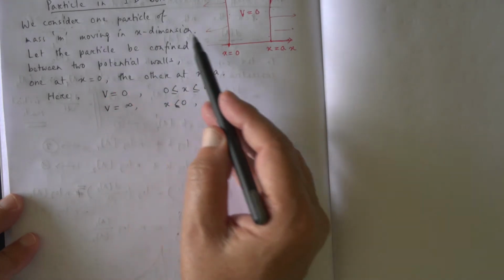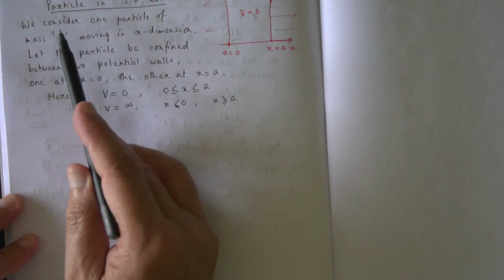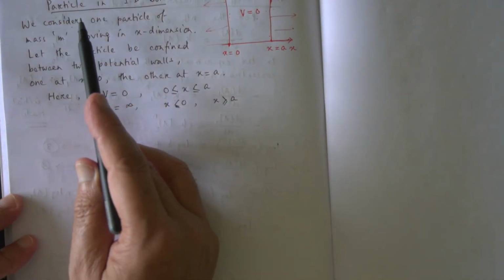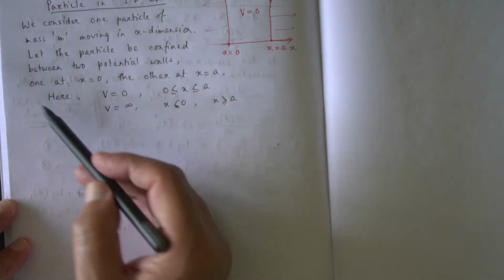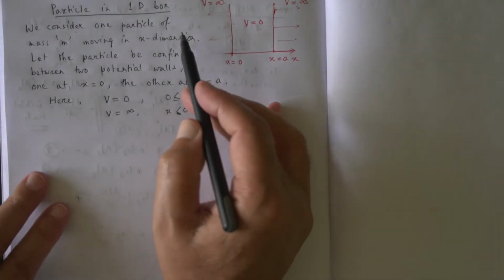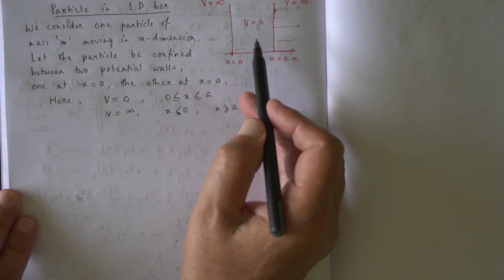Now this is our system. Application of the Schrödinger equation means we have to consider a system, so we have considered the system. Then we will write the Schrödinger equation. A particle is moving in x dimension.